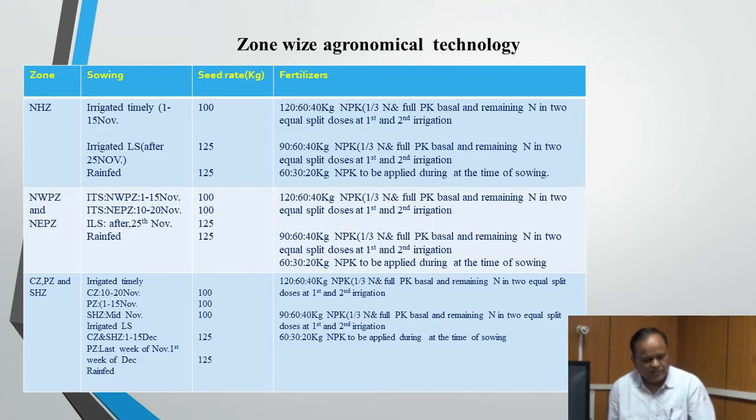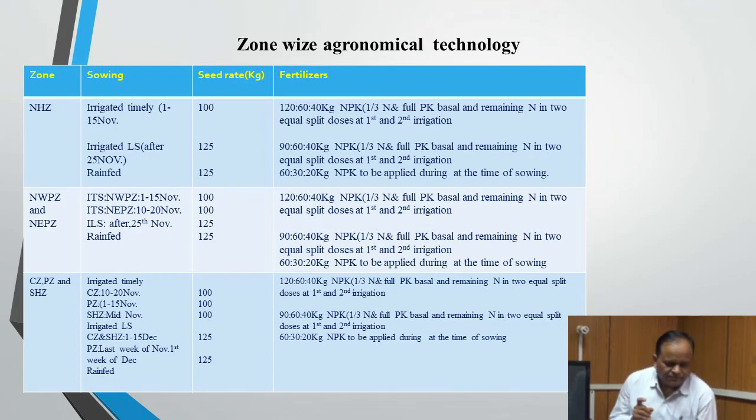The seed rate will be 100 kg, fertilizer 120, 60 and 40 kg NPK per hectare, in which 1/3 of total nitrogen and full dose of P and K will be given as basal, and the remaining nitrogen in 2 equal splits, the first at first irrigation, and the second dose at the second irrigation.